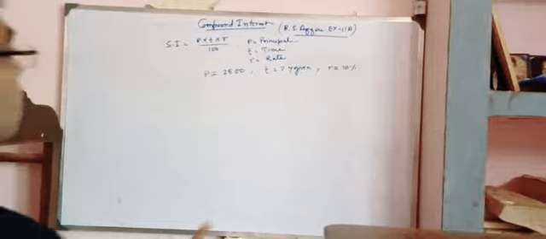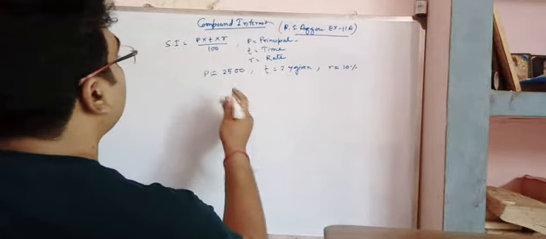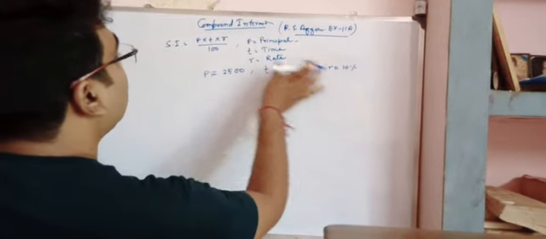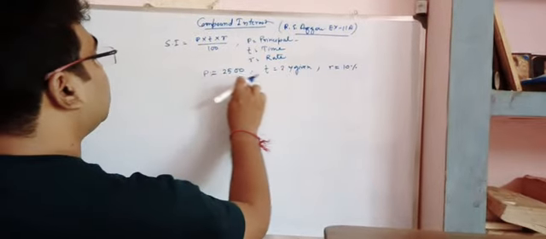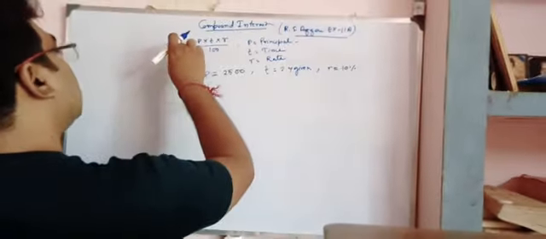Now if we have to find the simple interest, then we put the given data into this formula, and we get the simple interest.